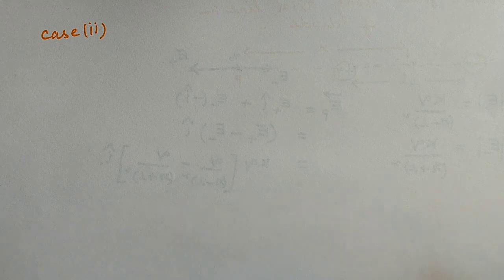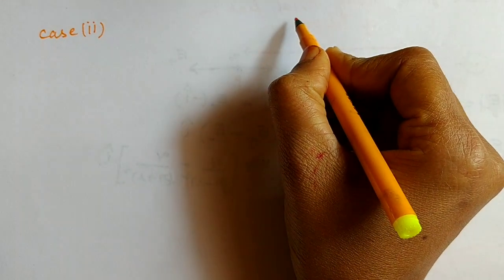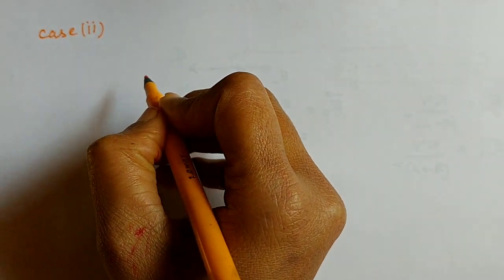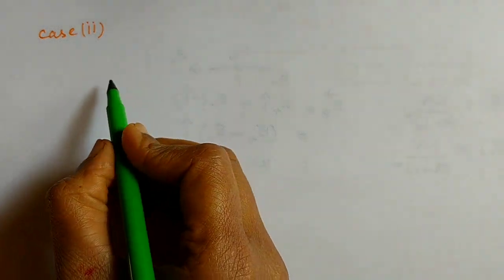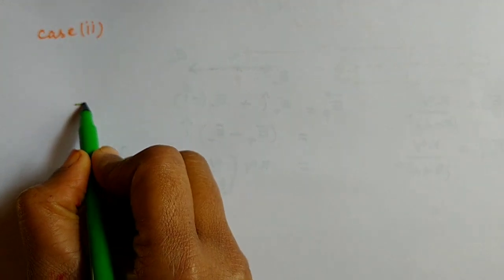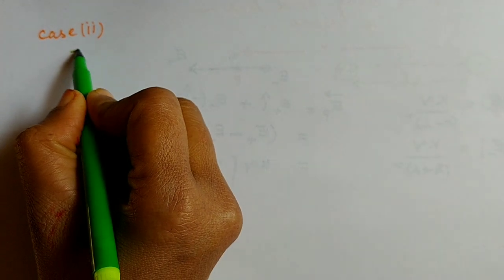Now coming to case 2 for interaction energy between two dipoles. So we have studied that when two dipoles are aligned along the same axis, that is x axis, how to determine its potential energy, then force and the torque. Now I will take two dipoles aligned in y direction, y axis.